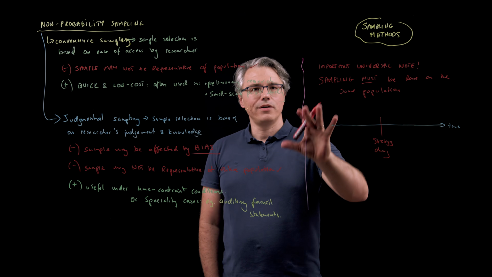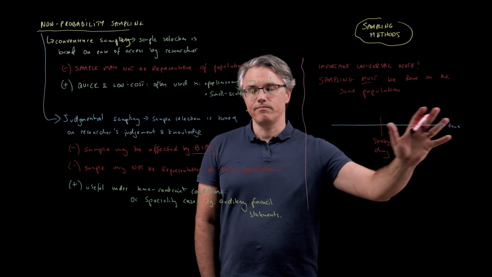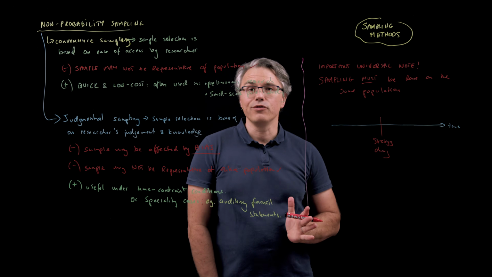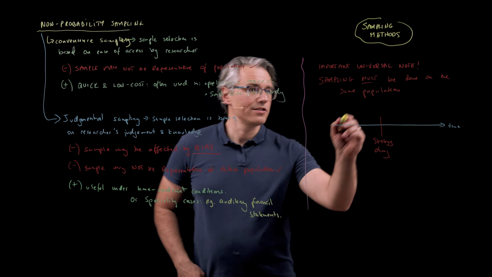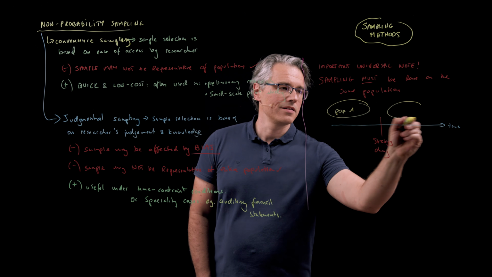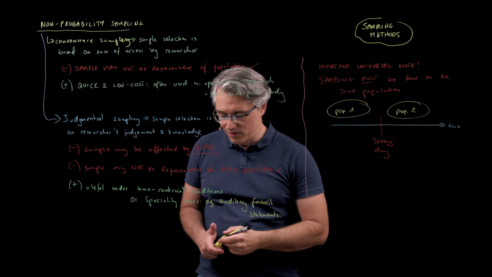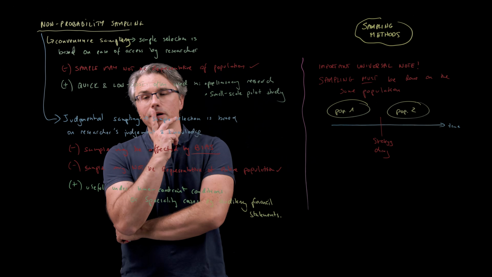Then you cannot combine the performance before the change of strategy with the performance after, because they don't belong to the same population. In fact, what you should do is treat this as population number 1, this as population number 2, and do your research on these populations individually. It wouldn't be all right to combine these.